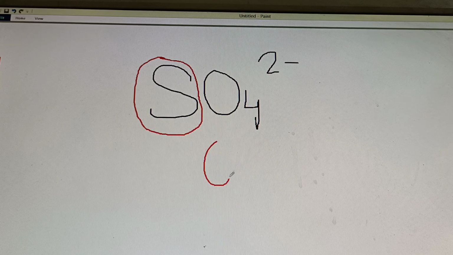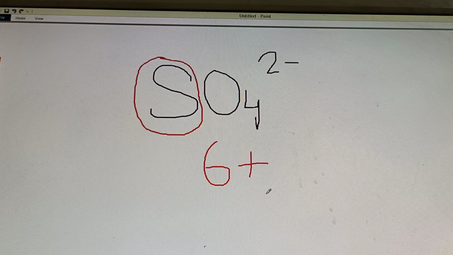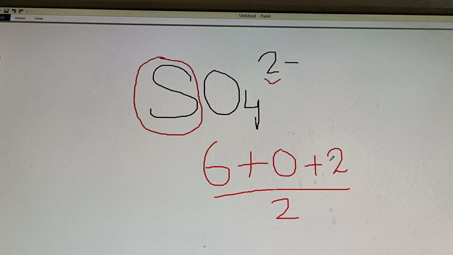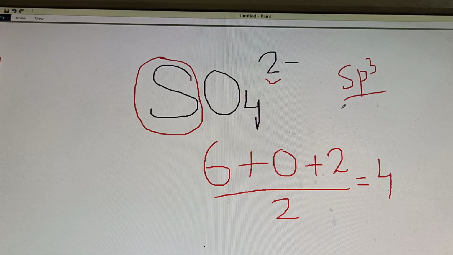Group 16, so 6 is the valence electron, plus how many monovalent atoms are attached? Monovalent 0, because oxygen's valency is 2, it is not monovalent. Plus 2, as the molecule is negatively charged, so we have to add this. So 6 plus 2, divided by 2, that is equal to 4. 4 means we can say this is an sp3 hybrid molecule. Clear?